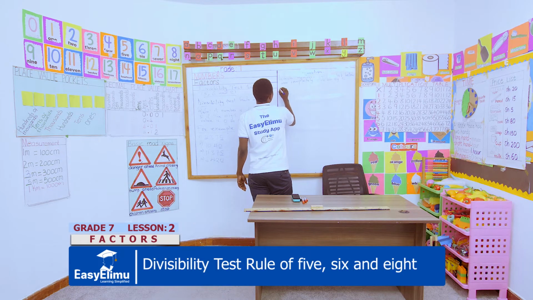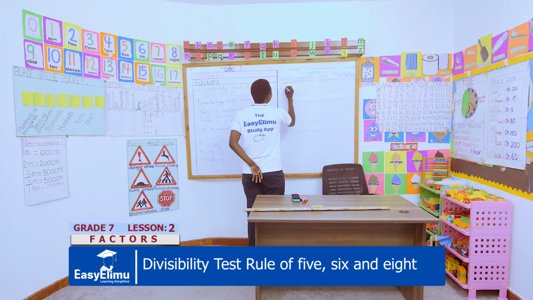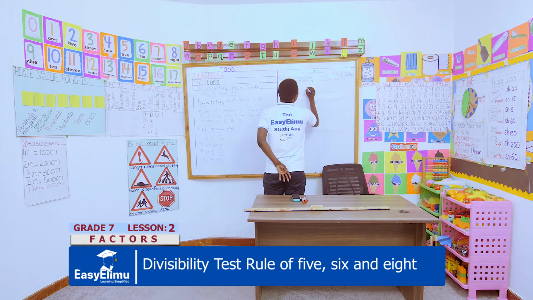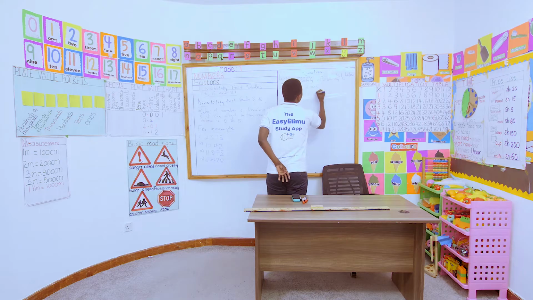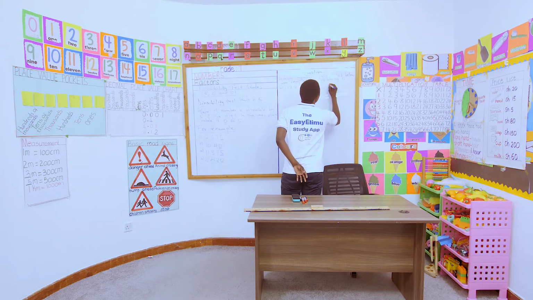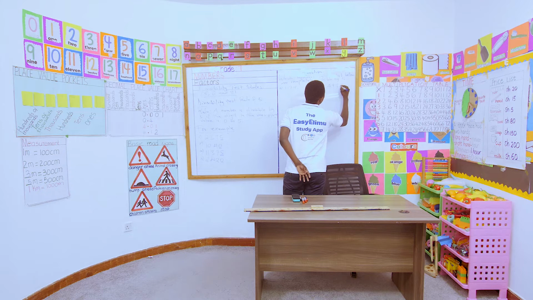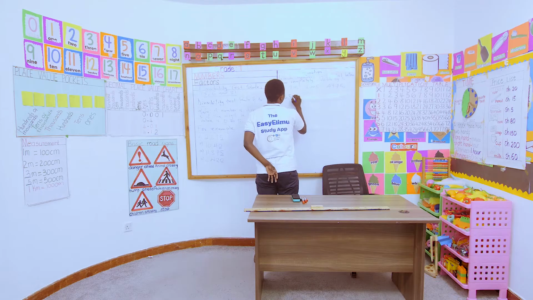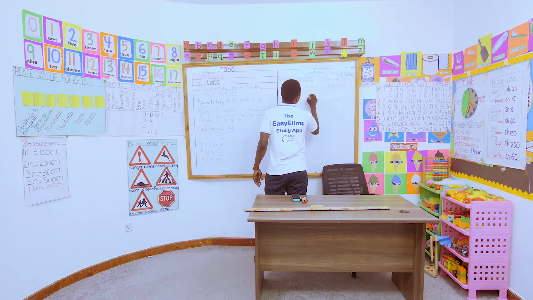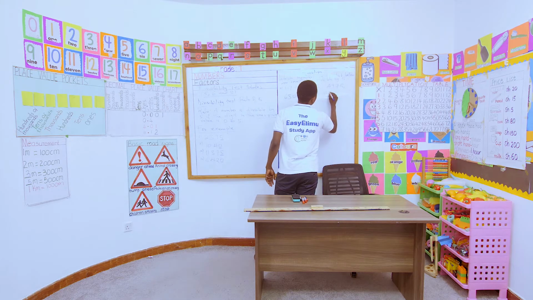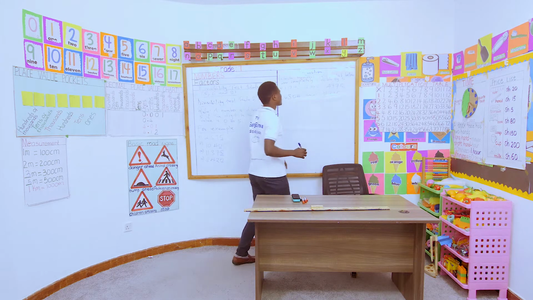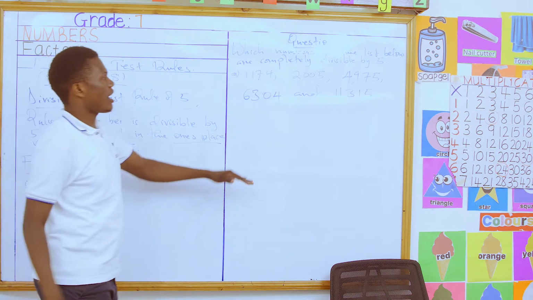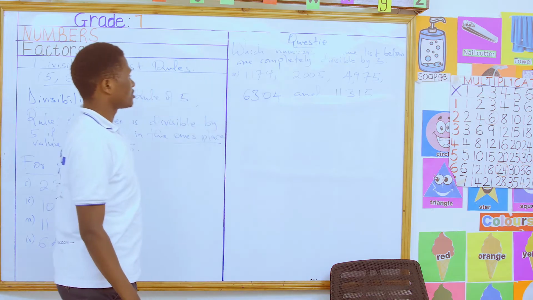So you can have, I'll use commas, 1174, 2005, 4975, 6304, and 11,315. So from that list of numbers, use the concept of the divisibility test rule of 5 and pick out the numbers that are divisible by 5.